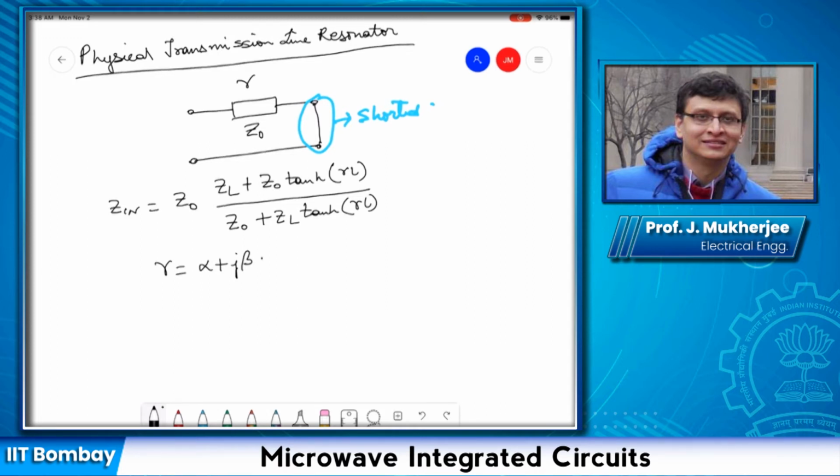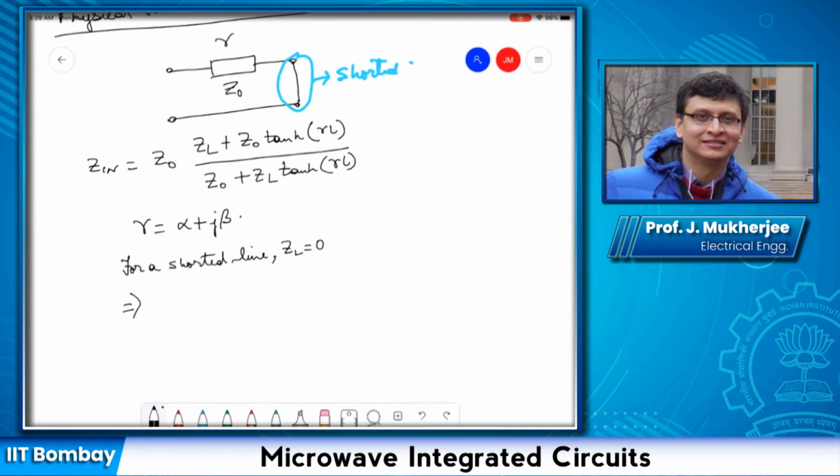So now for a shorted line, then these two get cancelled.